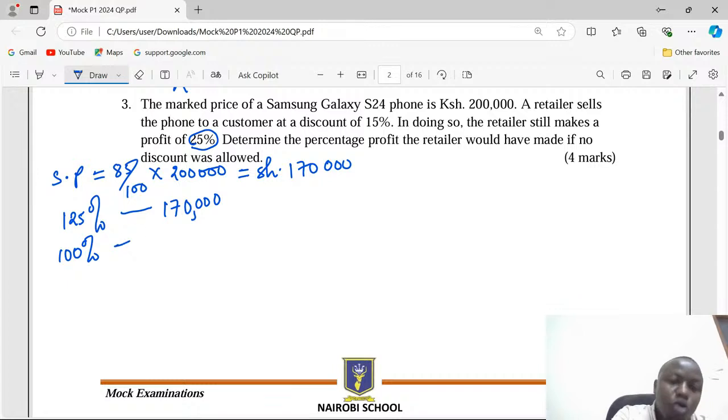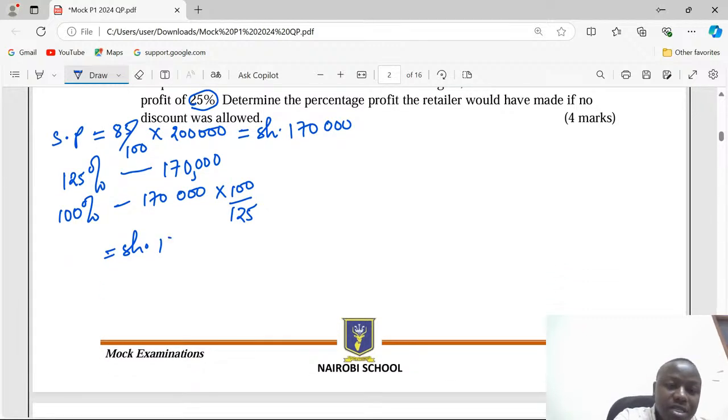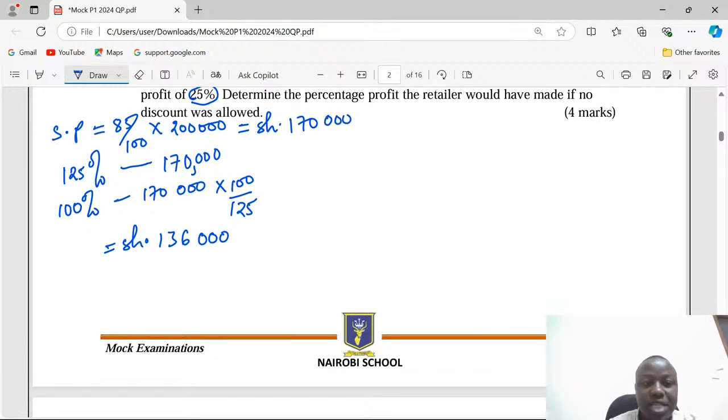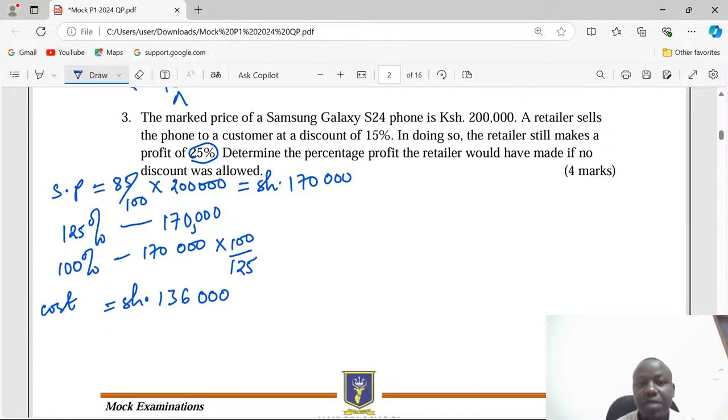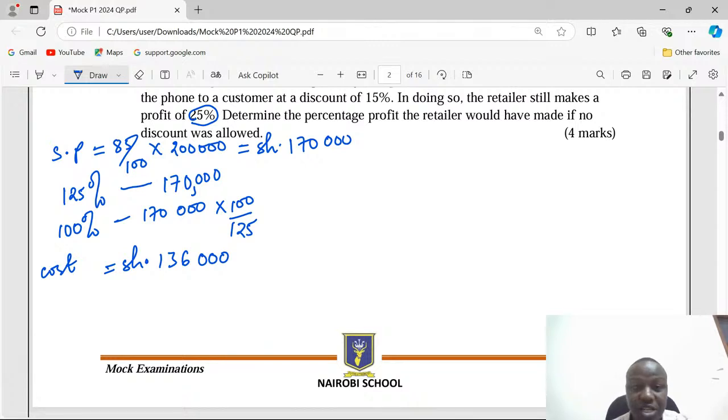How much had he bought the phone? 170,000 multiplied by 100 divided by 125. This tells us that this retailer had bought the phone at 136,000 Kenya shillings. This was the cost price of the phone, maybe from the manufacturer or a wholesaler.